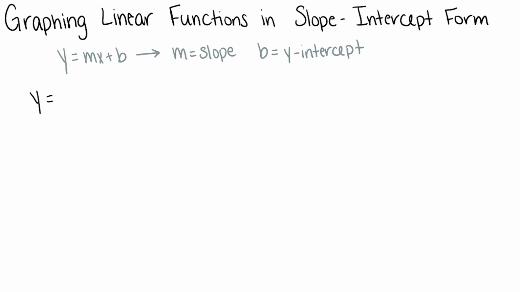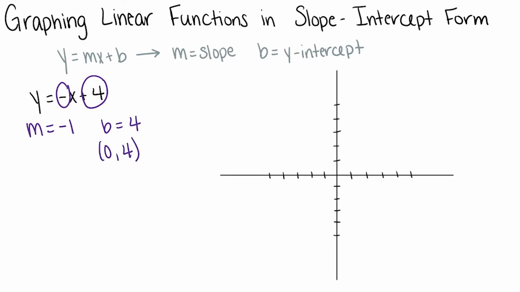We have y equals negative x plus 4. Our slope is negative 1, so we have a negative in front of our x, which means there's an imaginary 1 there. So our slope itself, our m term, is negative 1. And our b is 4, which means we have a y-intercept at (0, 4).